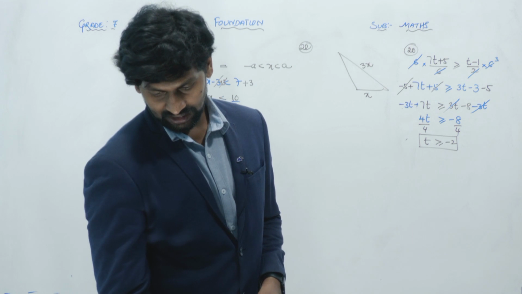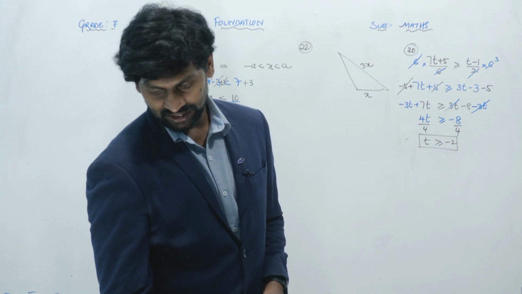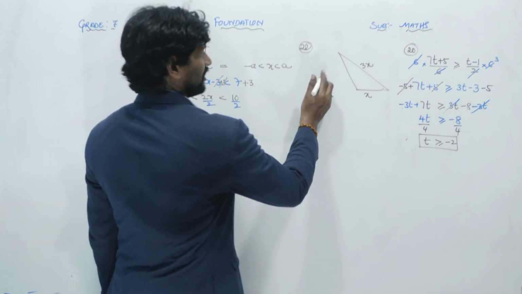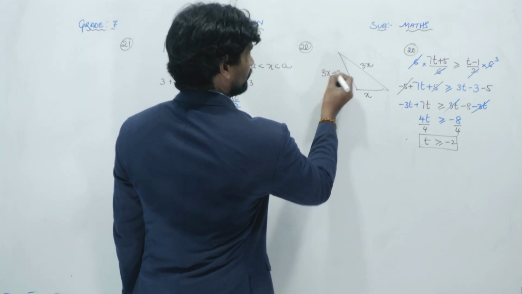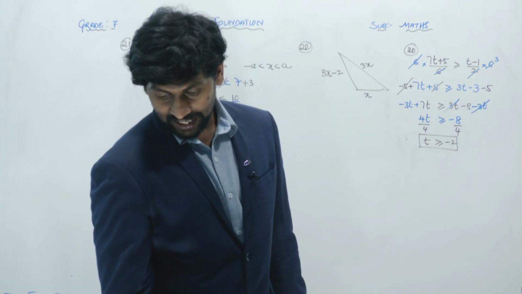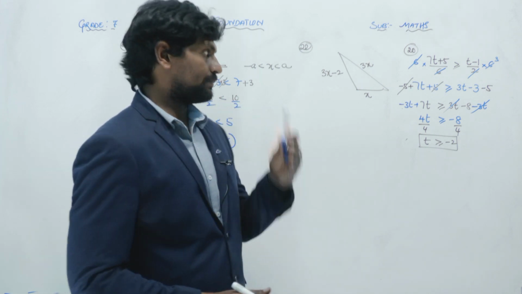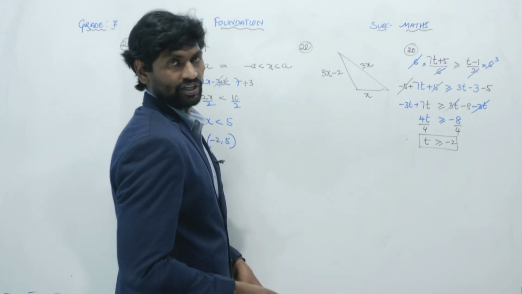And the third side is 2 centimeters shorter than the longest side. That means 3x minus 2. And the perimeter of the triangle is at least 61. That means minimum 61. Okay?